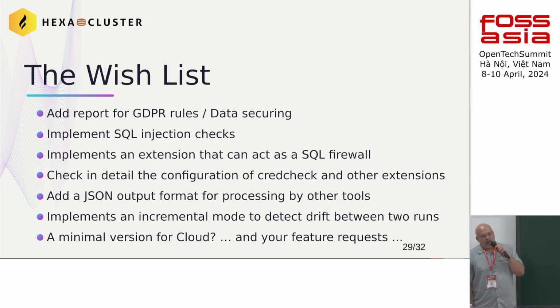I also have the idea, with these checks, to be able to detect if you have some misuse in your stored procedures with identity object names. I also want to develop an extension to act as a firewall to prevent SQL injection in PostgreSQL.